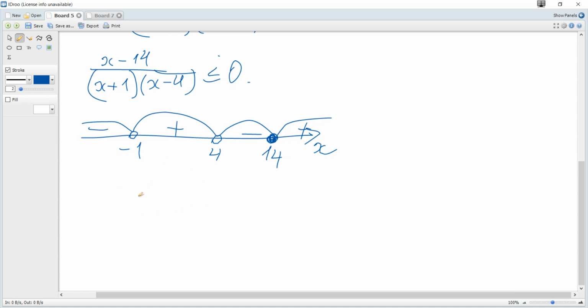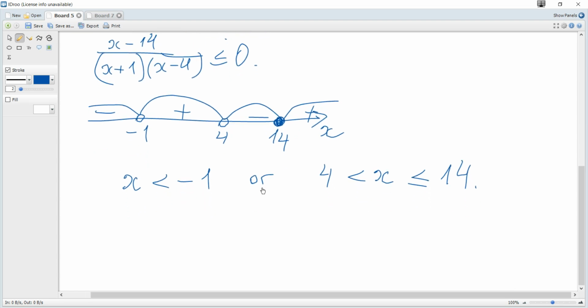and hence we write the answer. And the answer is x less than negative 1, because negative 1 is excluded, or x is in between 4 excluded and 14 included, so we can write x greater than 4 and less or equal than 14.